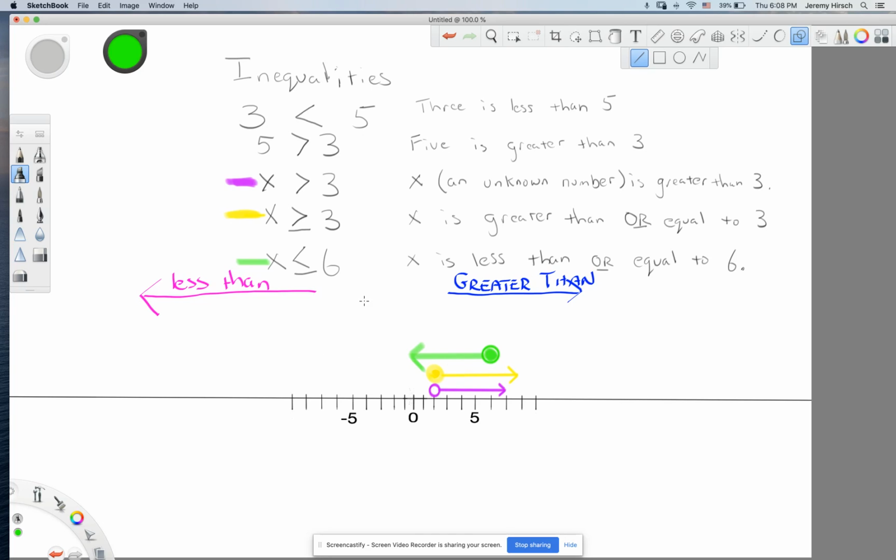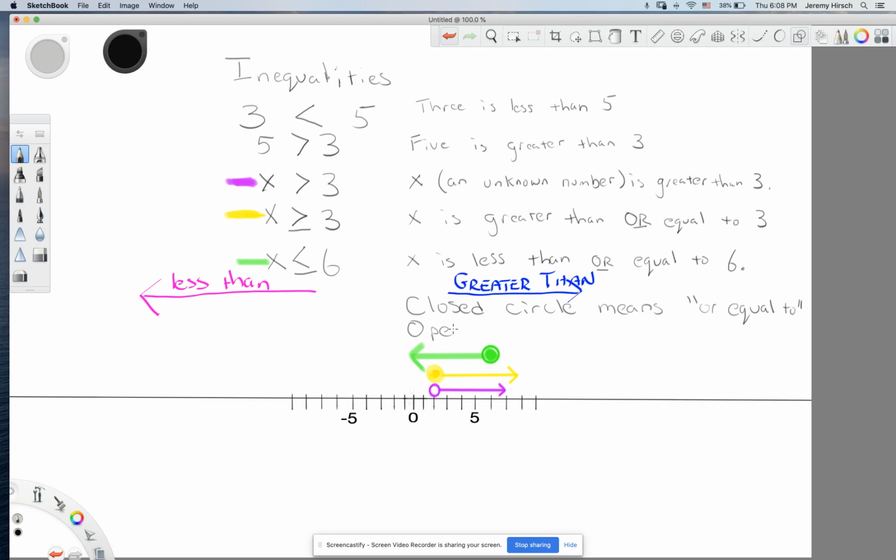So if you are drawing an inequality and it is greater than or equal to, or less than or equal to, always fill in your circles. Closed circle means or equal to.